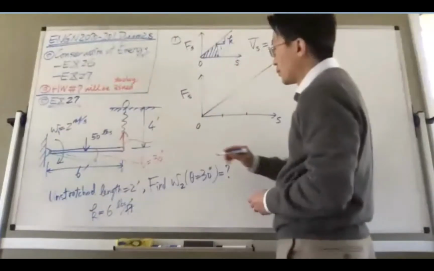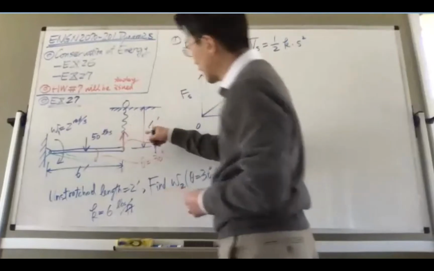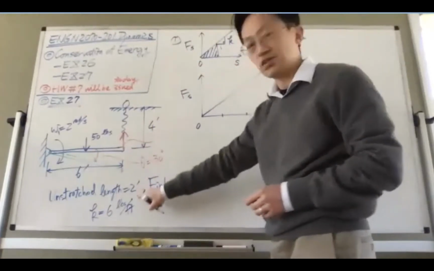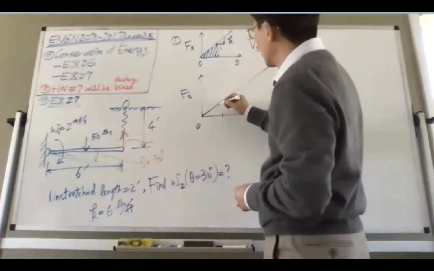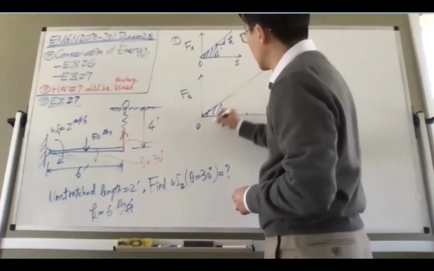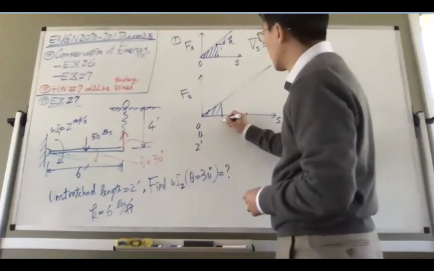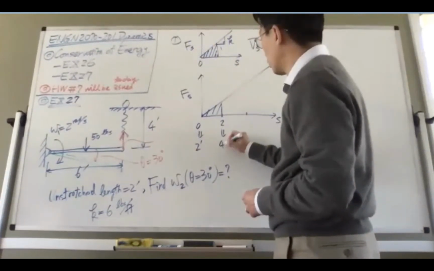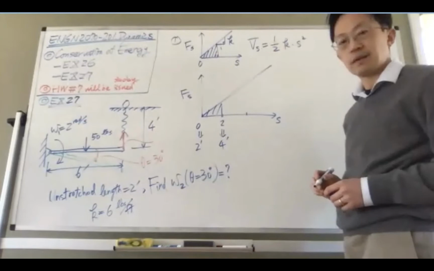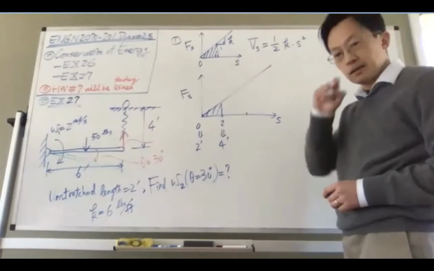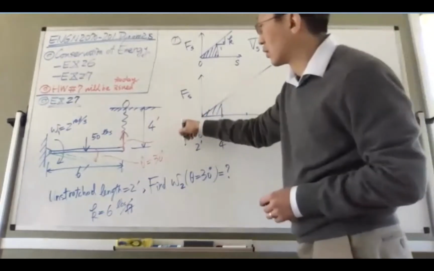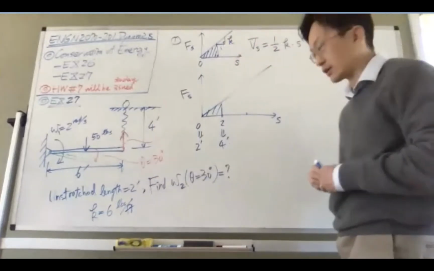So you have to remember that the stretch length is not 4, but 4 minus 2. And that means you have to calculate this area. When it's 0, that corresponds to 2 feet, and when it's 2, that corresponds to 4 feet. So please do not use just the 4, you have to use the change of the length.